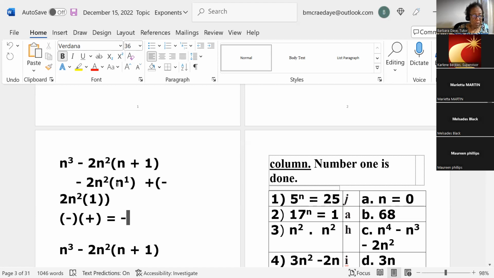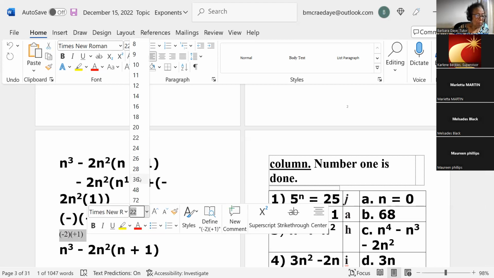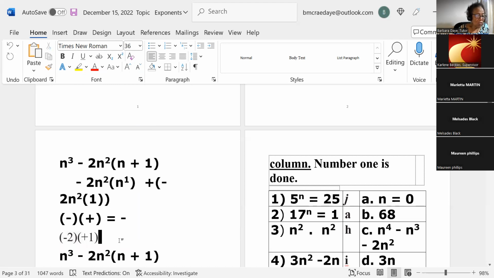Minus 2 times a plus 1. What is that equal to?